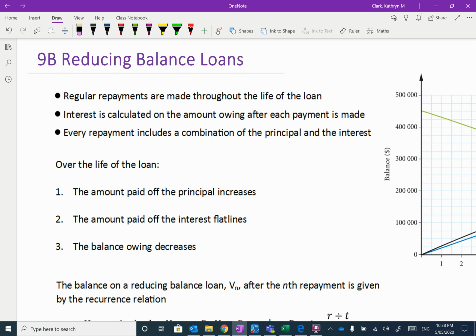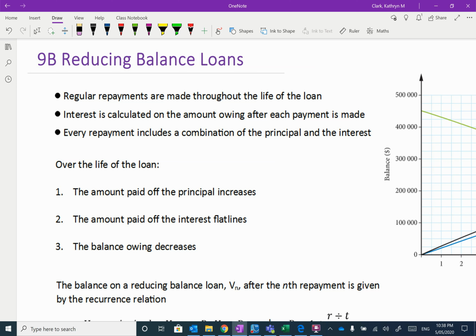What we've looked at so far with the simple and compound interest rates aren't really realistic in terms of a loan, because you don't take out a loan and then pay all that money back at the end of the life of the loan. You pay the loan off in installments over time.